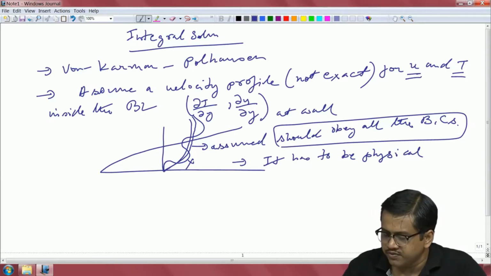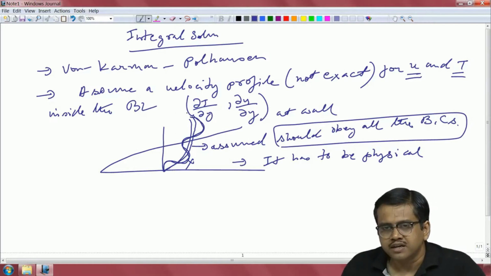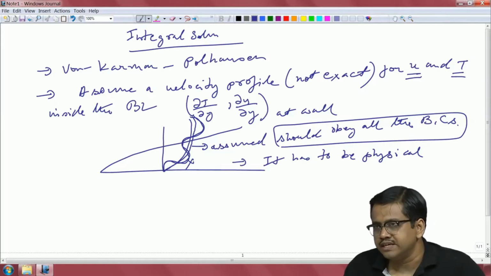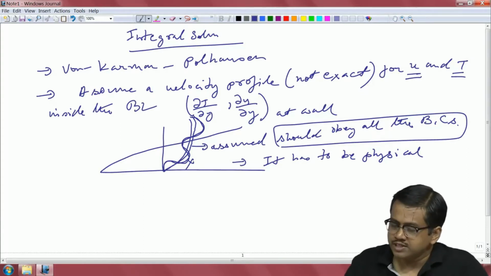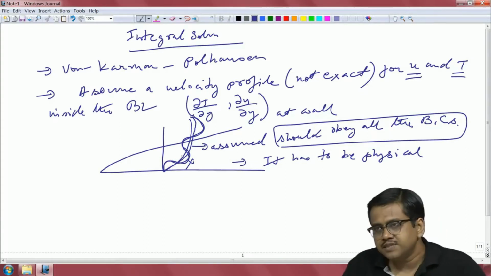This curved, wiggly profile I drew is not physical, because high velocity and low velocity cannot exist in a steady laminar flow like this. There is no mechanism for this to happen. So, even though this profile might satisfy the boundary conditions, it is not a physical profile.